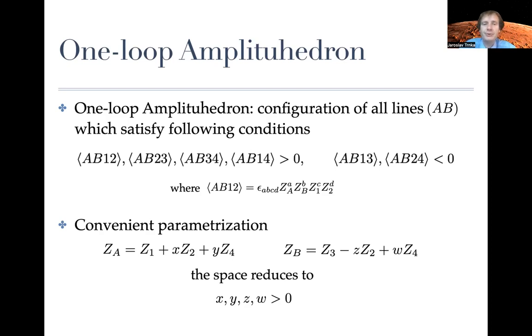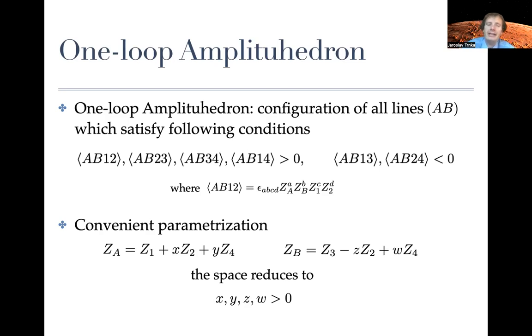Parametrizing AB, we get conditions on the parameters of AB, and this is our positive geometry. Here I use a certain parametrization, where A and B are two arbitrary points on my line AB.